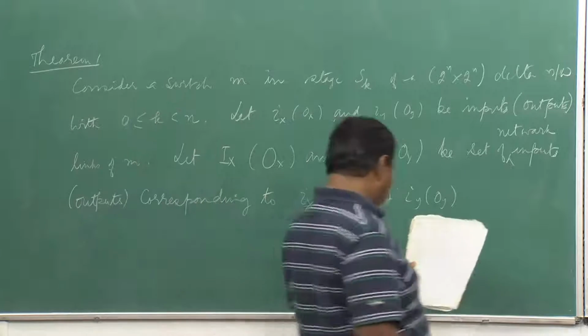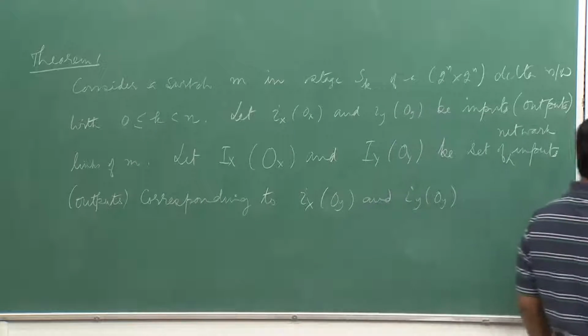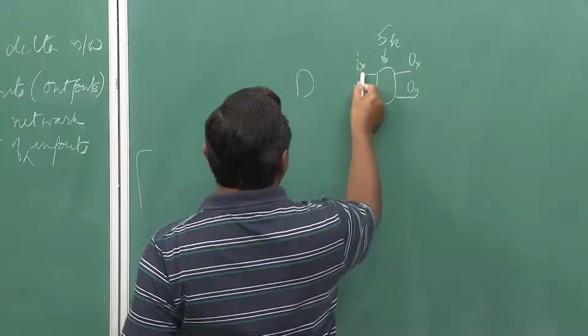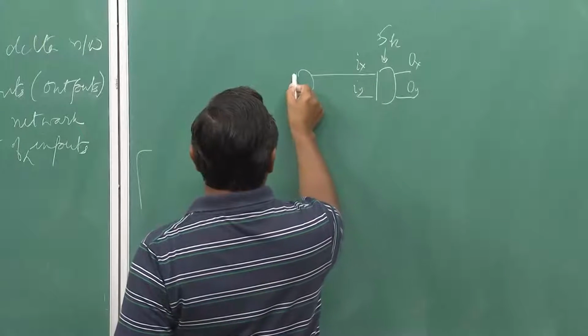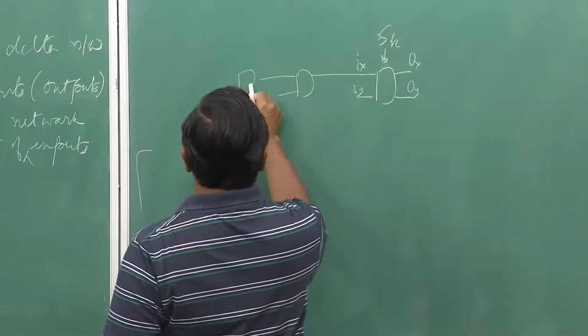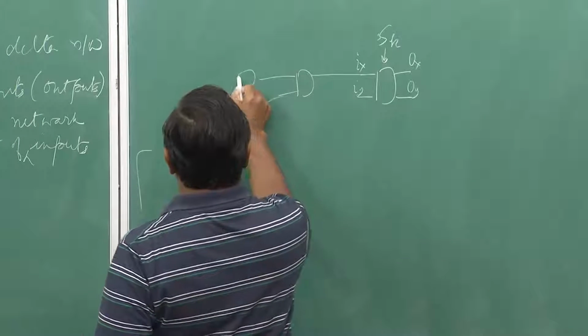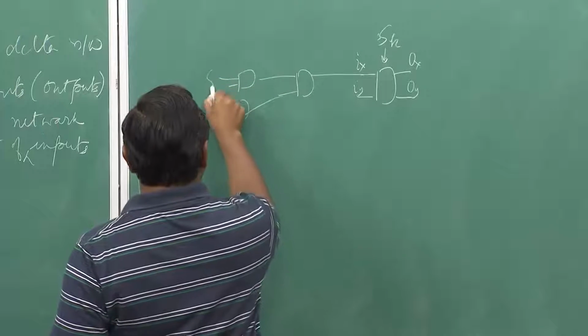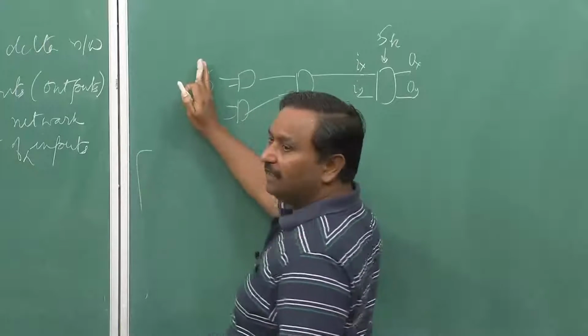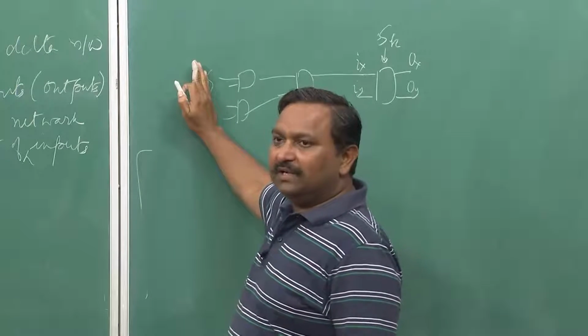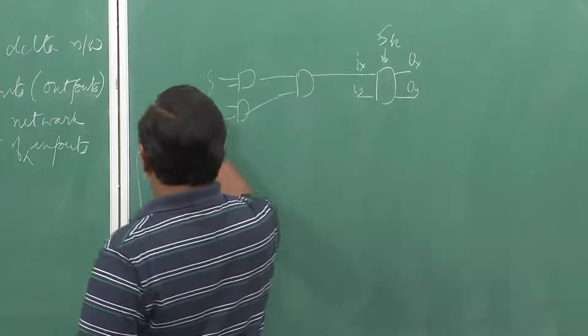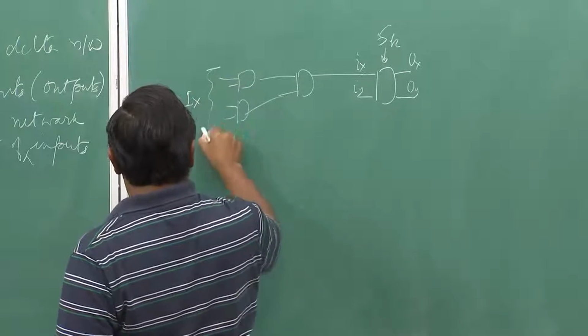Iy and Oy. What does it actually mean? If I look at this, it is being connected to some switch which must be having two inputs, which is connected to further switches and so on. So, ultimately this will be mapping onto certain inputs of the switching network, the delta network. So, this set I define as Ix.